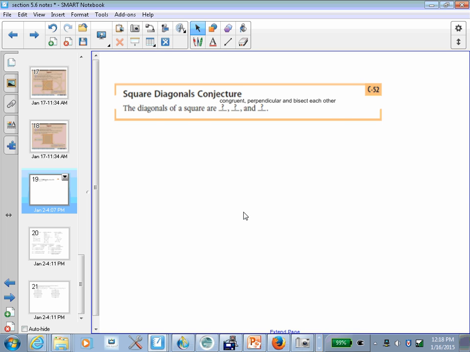Conjecture 52, the diagonals of a square are congruent, perpendicular, and they bisect each other. Insert your picture. I will look at it in class tomorrow.